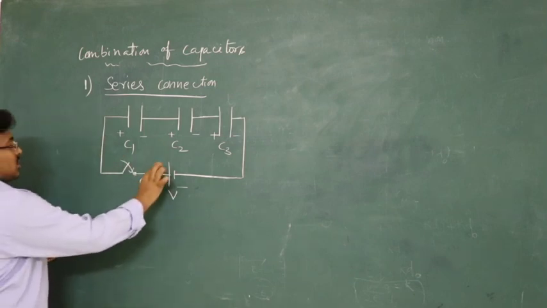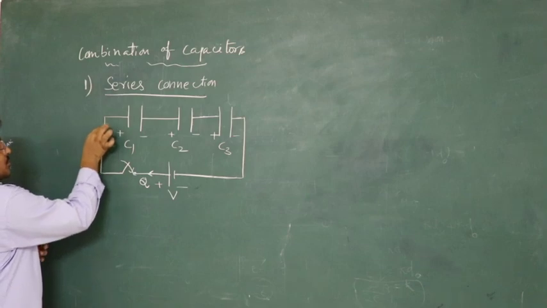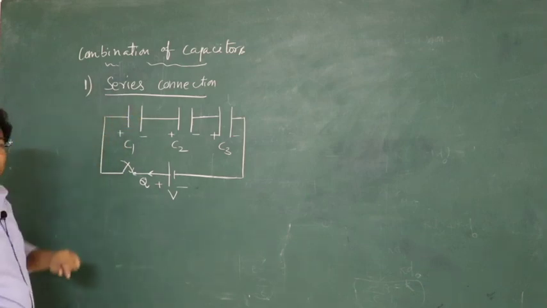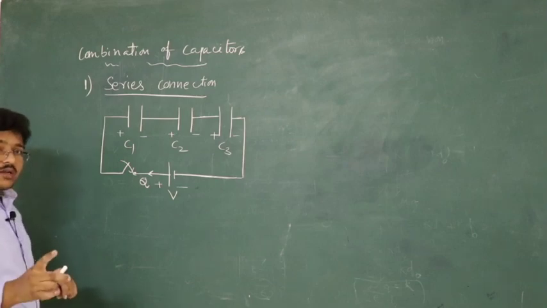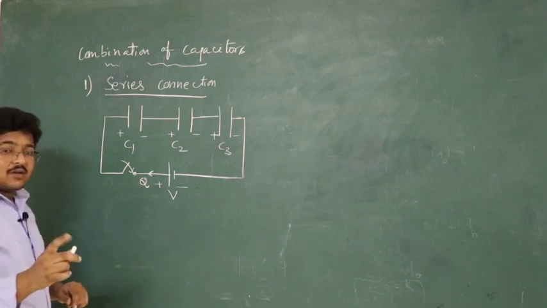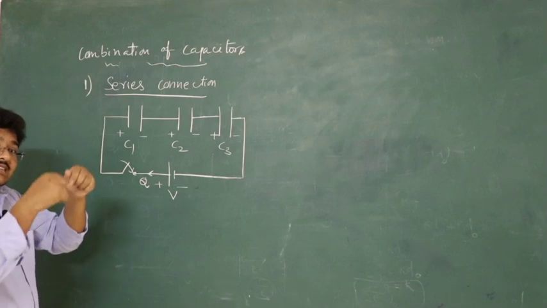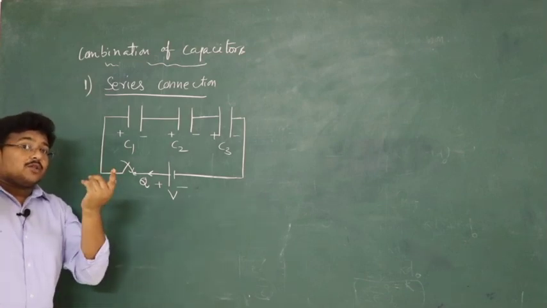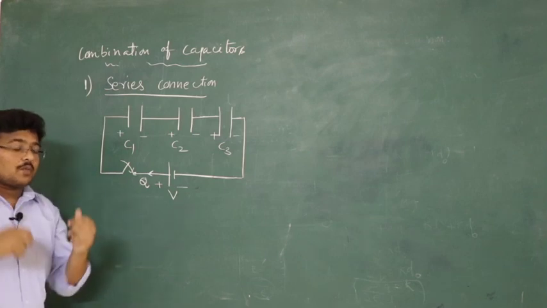Now this charge will flow in the circuit and it will be deposited on the first plate of the capacitor, and you know that for a parallel plate capacitor, charge is always present on the inner surfaces. By using Gauss law I proved that on the outer surfaces the charges are 0.